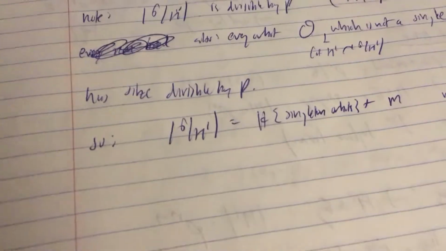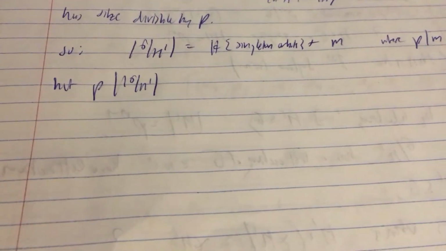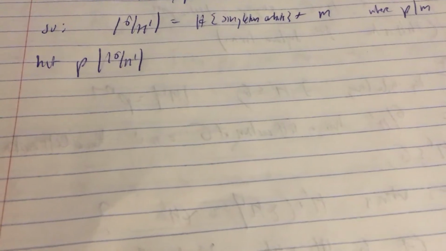But as we just noted, p also divides the size of G mod H prime. This is just a classic kind of argument in this subject: you have a bunch of formulas coming from counting, and you use various divisibility relations. So p divides G mod H prime, and so those things together imply that p divides the number of singleton orbits.